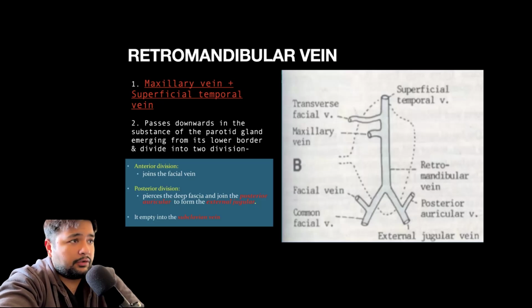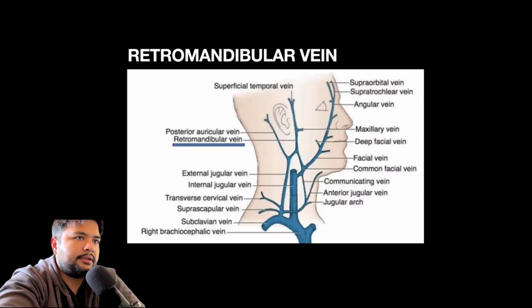Then it passes downwards in the substance of the parotid gland, emerging from its lower border and dividing into two divisions. The anterior division joins the facial vein, and the posterior division pierces the deep fascia and joins the posterior auricular vein to form the external jugular vein. It empties into the subclavian vein.